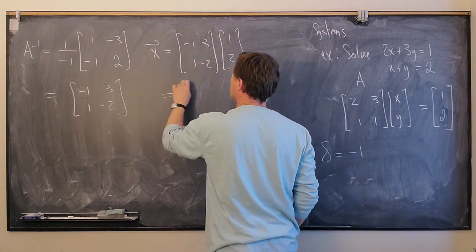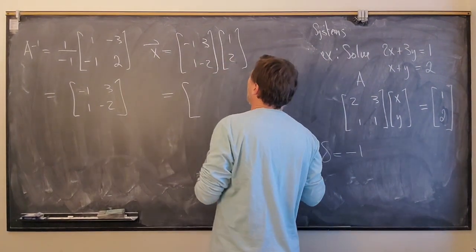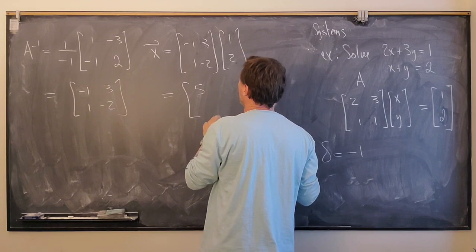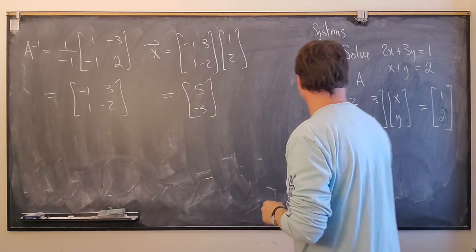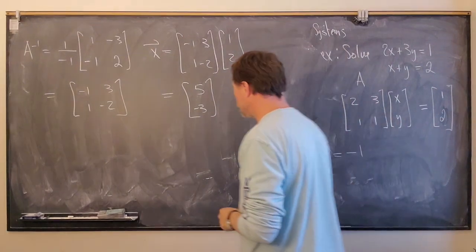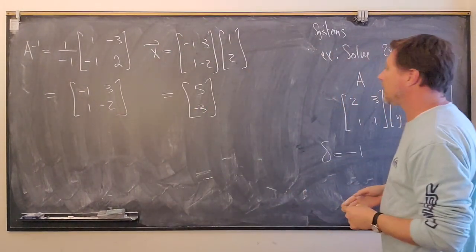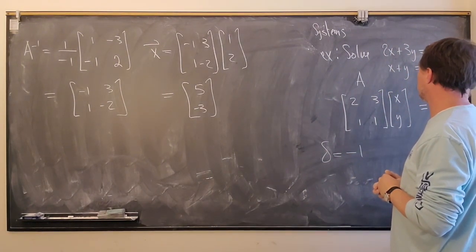And if we multiply this out, I'm going to get negative 1 plus 6 is 5, and then I'm going to get 1 minus 4, so that's a negative 3. So what does that tell us? That our solution to the original system is x equals 5, y equals negative 3.